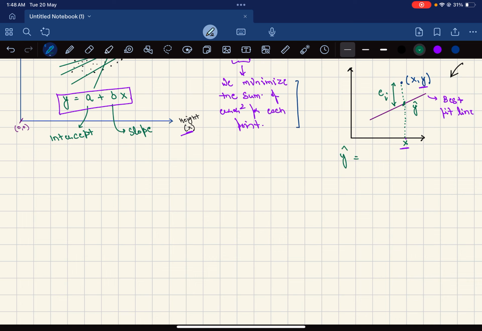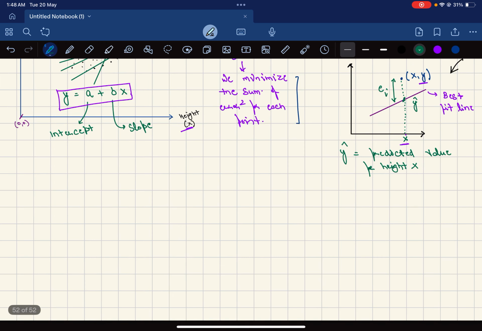So this is the predicted value for height x. Okay, so y hat represents the predicted value, while y represents the actual weight value for the student.